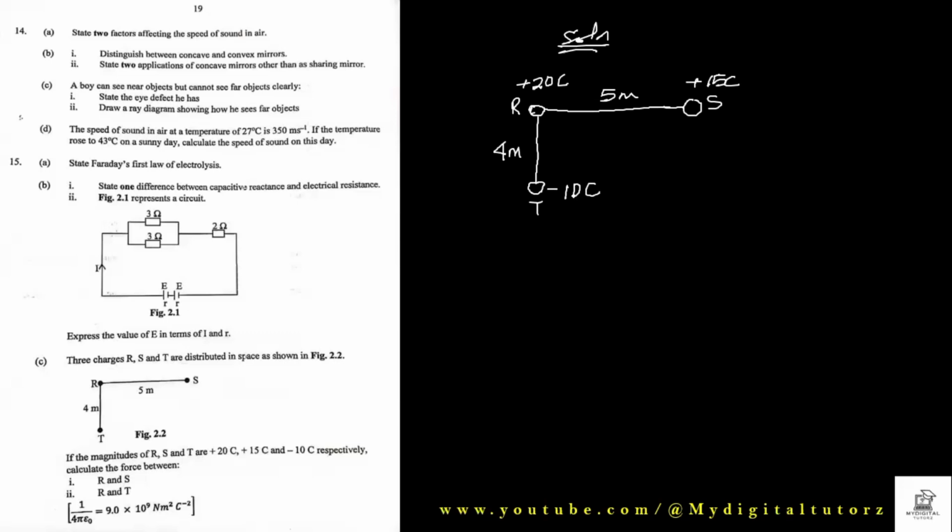So remember, we are dealing with vectors, so it has direction. So the force, either attraction or repulsion, between the charges. The first question is for us to get the force between charge R and S. So charge R, let's say charge R is Q1, is equal to plus 20 Coulomb.